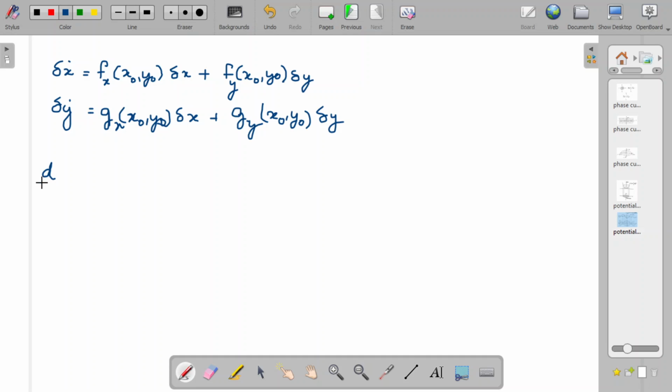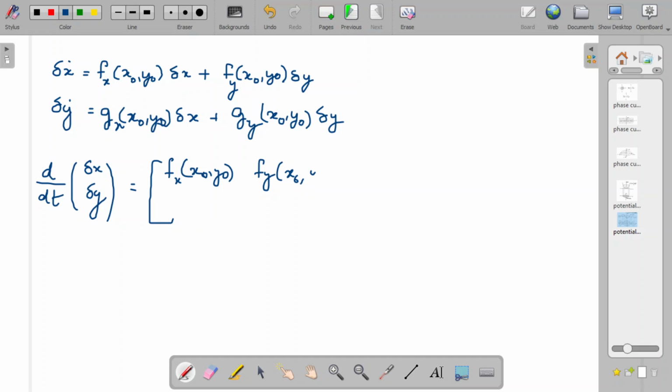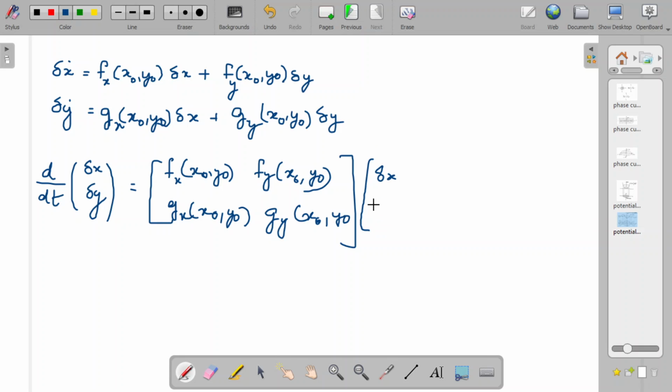If I write it in the matrix form, I can write this as d/dt of the column matrix delta x and delta y, and again a matrix which is f_x at x0 y0, then f_y at x0 y0, then g_x at x0 y0, then g_y at x0 y0, and then the column matrix delta x and delta y.